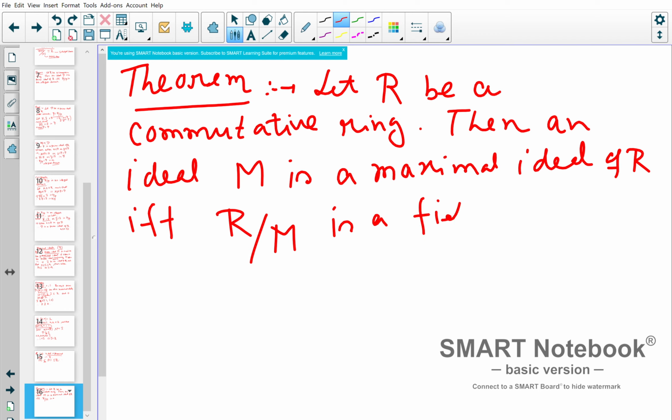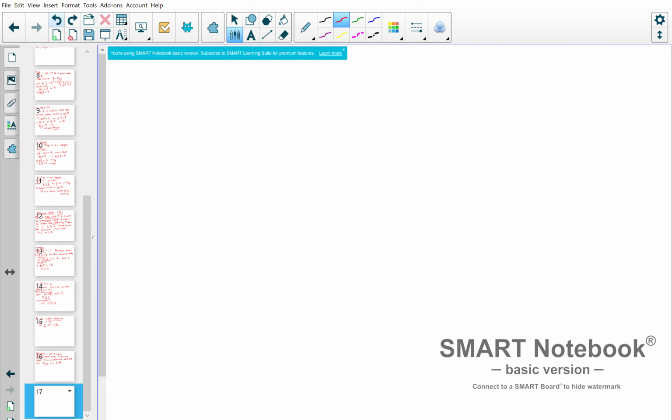For a prime ideal, what we proved was that the quotient was an integral domain, right? But here we have this more property: it's a field. So what does that mean? Inside the quotient ring, every non-zero element has to be invertible, right? Then it is a field. So again, it needs a proper proof, and this proof is very important because the idea is going to be used in many places. So now how do we prove it? Proof.